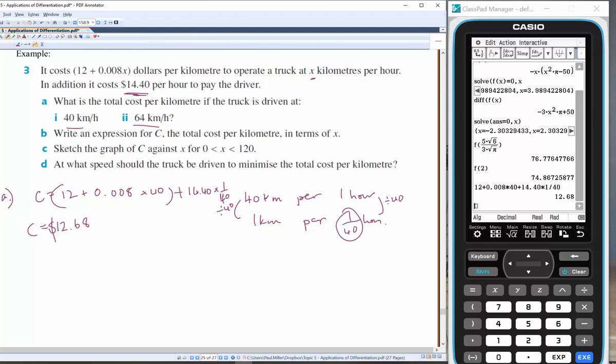This is 1. Now let's do 2. So it's going to be similar. 12 plus 0.008 multiplied by 64 plus 14.40 times 1 over 64. Now let's change that on the calc. 64.